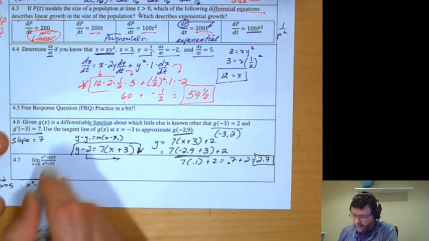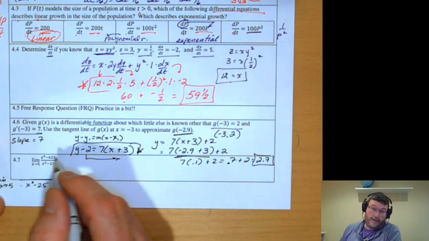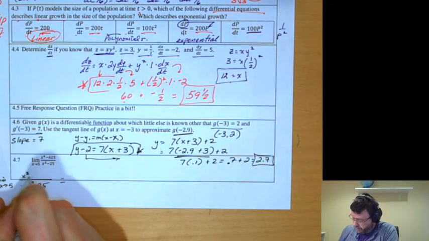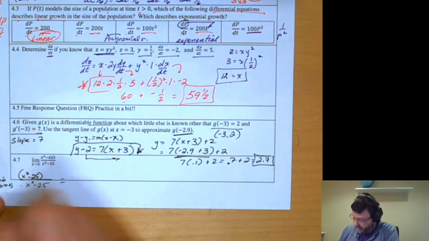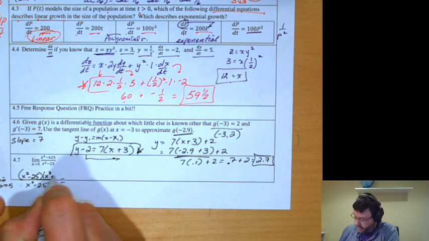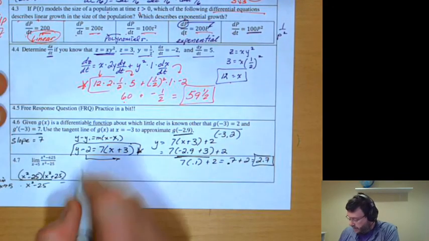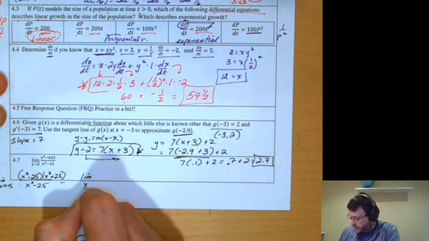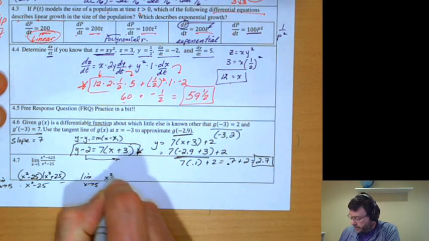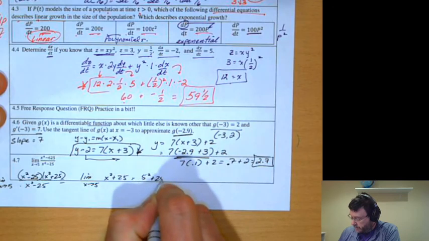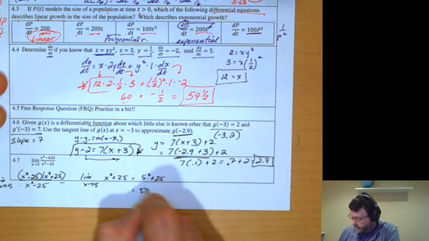Okay, so that's one of the ways that we can do something else. I'm going to imagine that that's getting factored out, and what is left is x squared plus 25. So the limit as x approaches 5 of x squared plus 25 is going to be 5 squared plus 25, which is going to be 50.